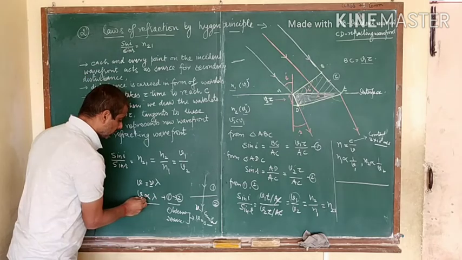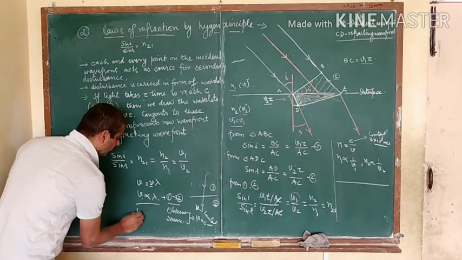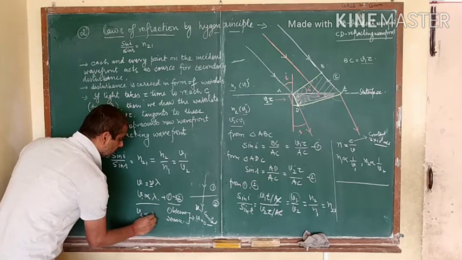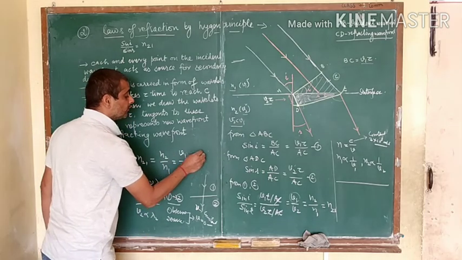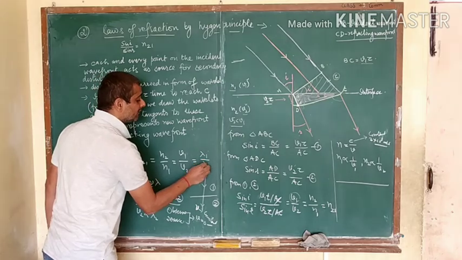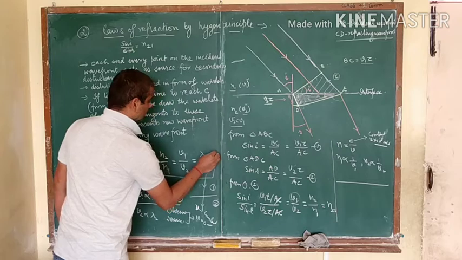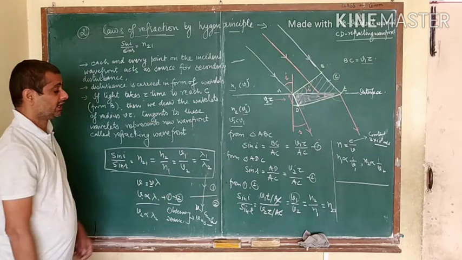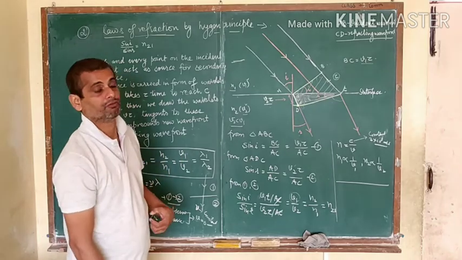So for v1 velocity, the wavelength will be lambda 1. For v2, the wavelength will be lambda 2. So put the values, and you will get lambda 1 divided by lambda 2. So this is your Snell's law for different cases: in terms of refractive index, in terms of velocity, and in terms of wavelength.